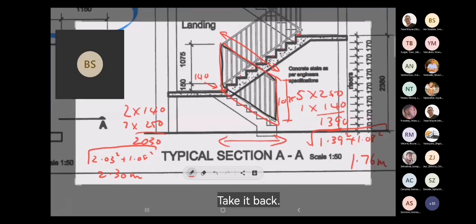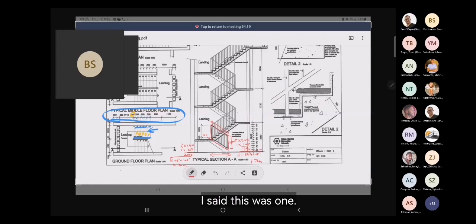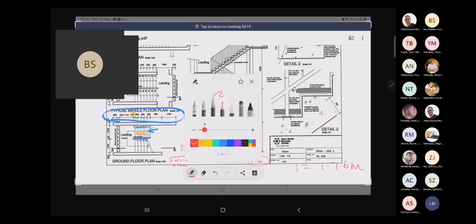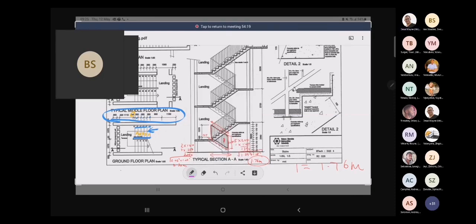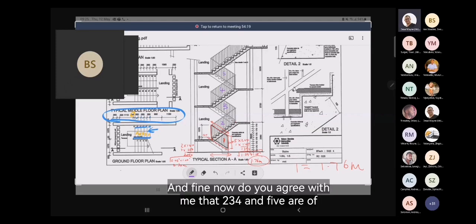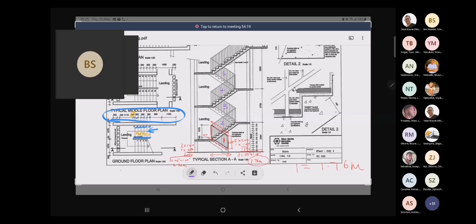Right. Now, take it back. I said this was 1. Right? And that's 1. I say 1 equals 1.76 meters. Okay? I said this was 2, 3, 4, and 5. Now, do you agree with me that 2, 3, 4, and 5 are of equal lengths? Right?